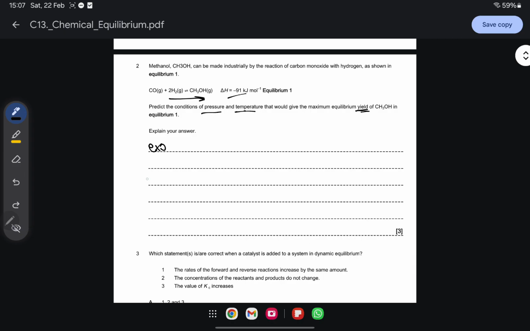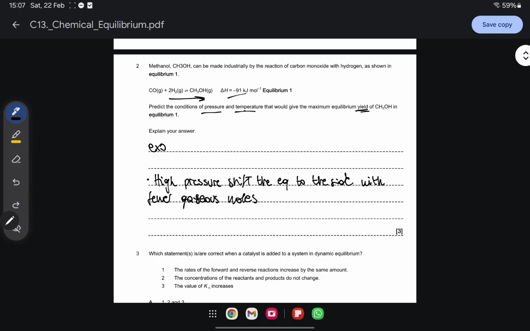So in order to shift the equilibrium to the right-hand side in terms of pressure, we're going to need a high pressure, because remember that high pressure would shift the equilibrium to the side with fewer gaseous moles or molecules.